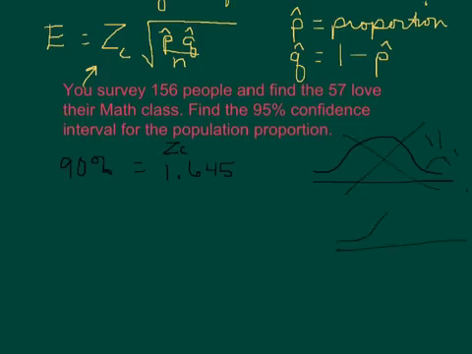Still kind of ugly, but I don't want to continue. Standard normal curve, 1.645 would be about here. That would be negative 1.645, positive 1.645 would be about here. And so that means 90% of everybody would fall between those 2 points. That's why it's called the Z critical value.